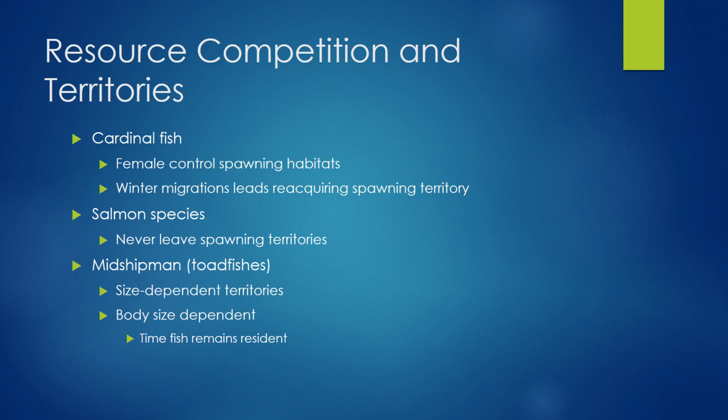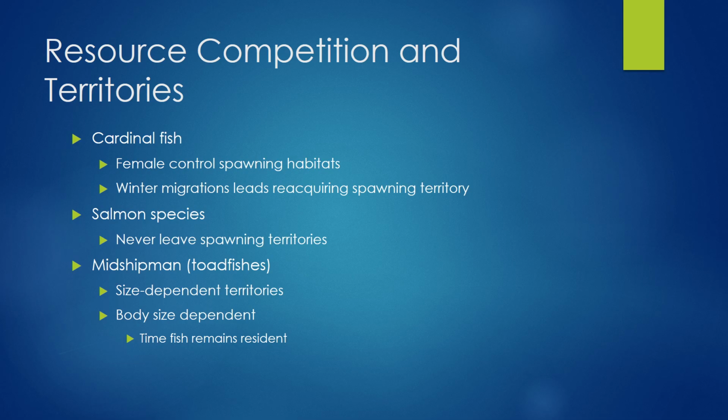Resource competition and territories can also play a factor in differential migration. For cardinalfish, females control the spawning habitat, and winter migrations lead to reacquiring spawning territories. For salmon species, they never lose their spawning territories.